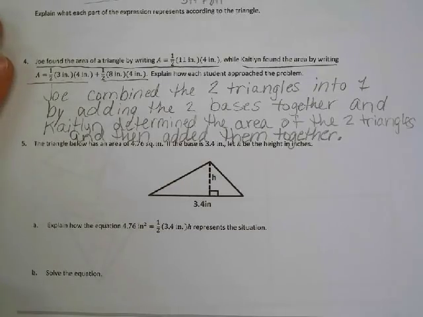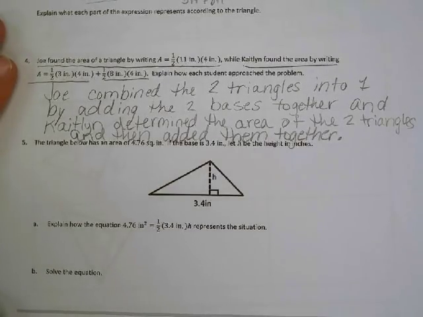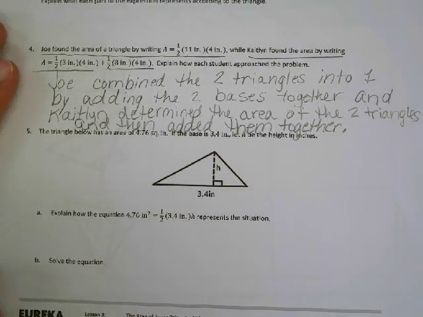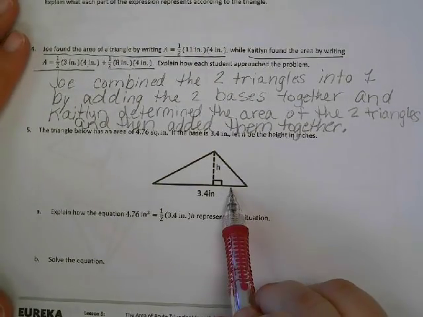And now we'll go ahead and move on down to number 5. Number 5 says the triangle below has an area of 4.76 square inches. If the base is 3.4 inches, let h be the height. So now we have to figure out what parts of the expression are represented by the picture.